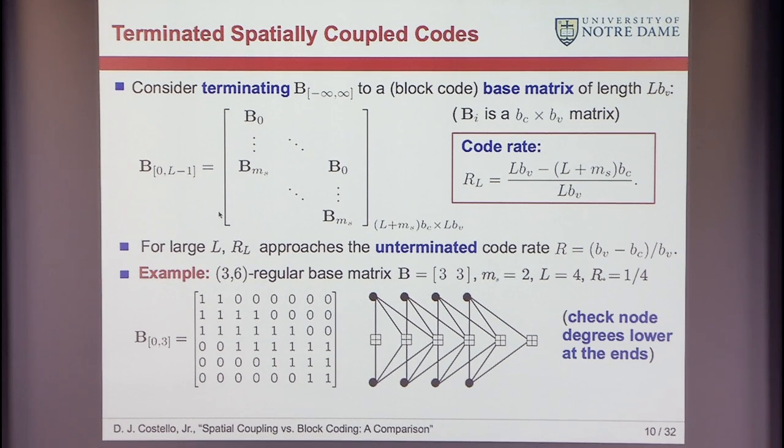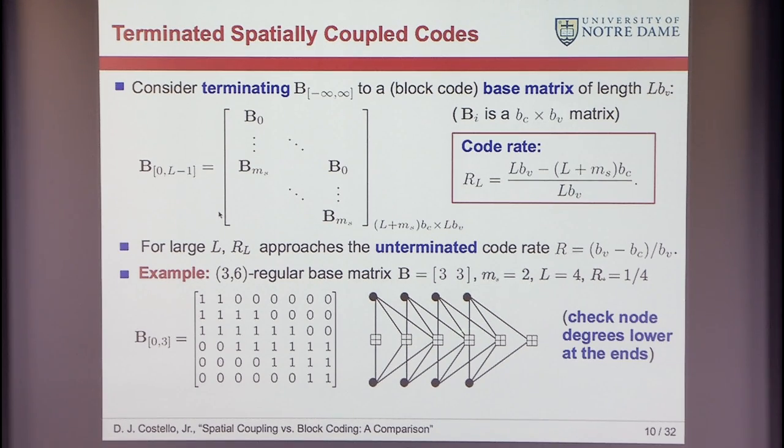And the key thing to notice here is that even though this is based on a regular block code and maintains to a large extent, especially for large L, that same regular structure, the check nodes at the ends have lower degrees.